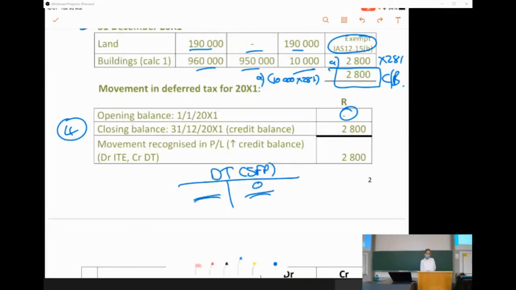We want our closing balance to be a credit 2,800. So that's the brought down balance. That means we need a journal on this side of 2,800, and the other leg will go to income tax expense. So that's our fourth journal.